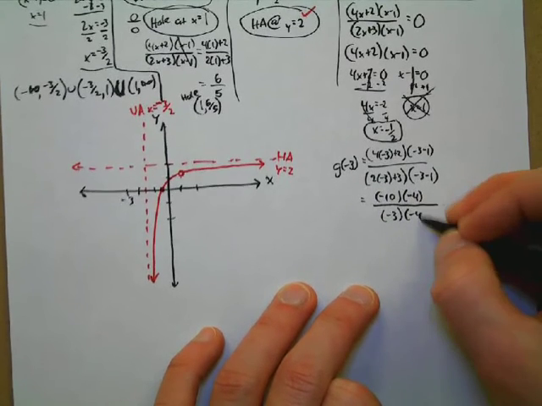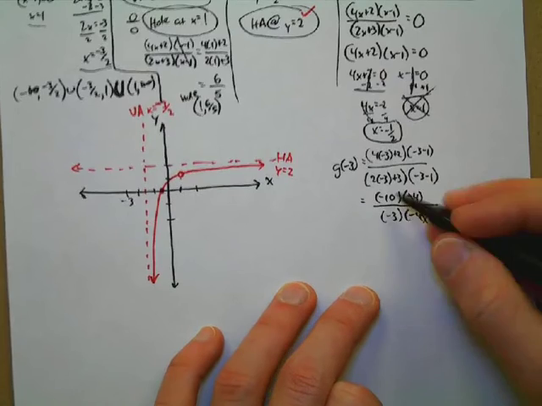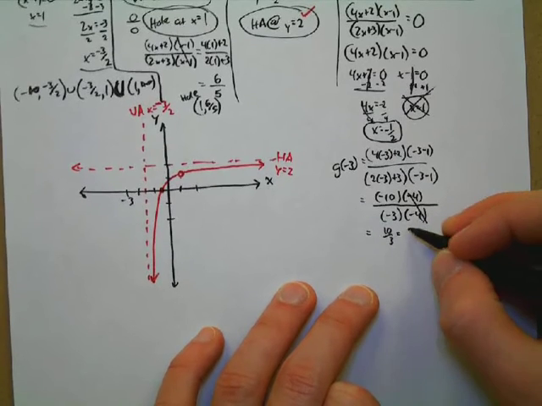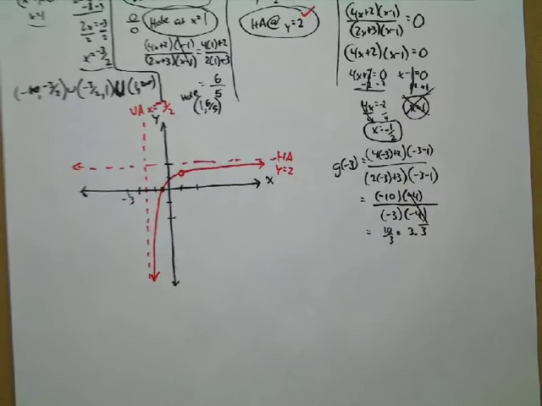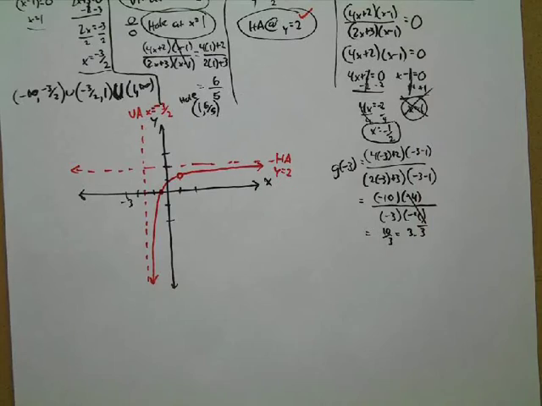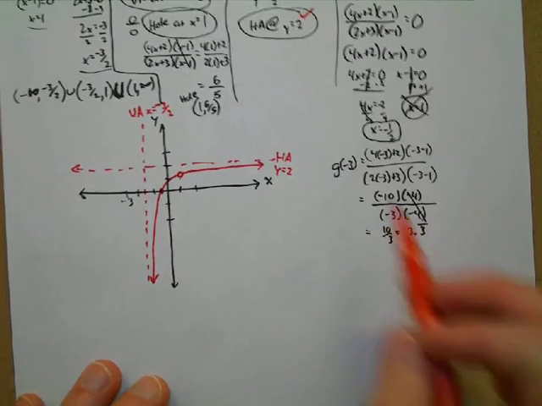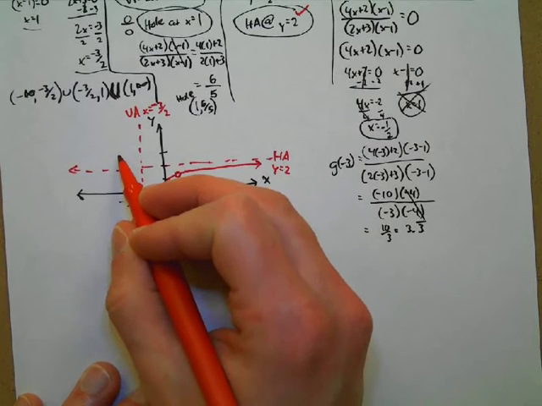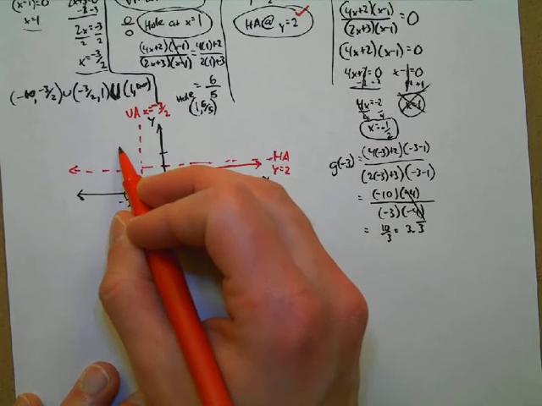The -4s will cancel, and so I'll have -10 over -3, which is 10/3, which is 3.3 repeating. So -3, 3.3 repeating. So -3, and 3 and a third would be up a little bit more. There's our point.